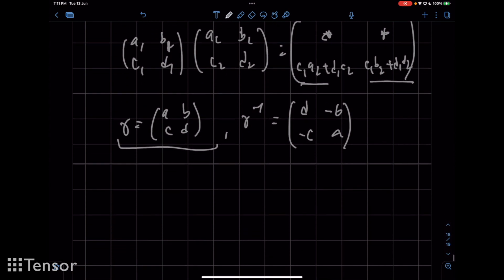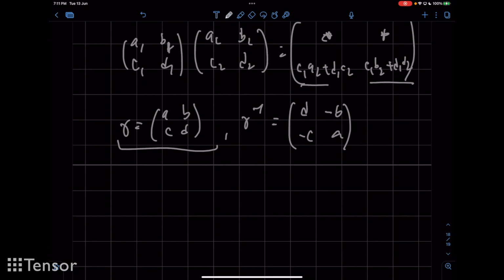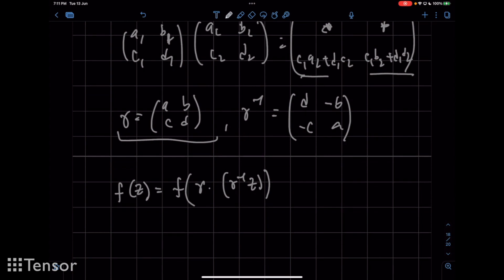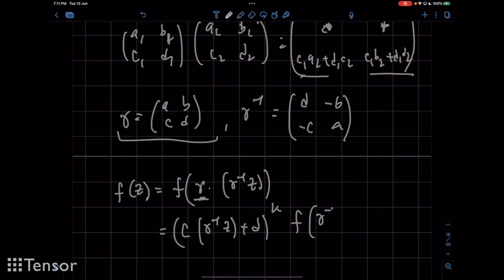And for that purpose, we shall consider this. So F of Z is equal to F of gamma inverse Z. Right. And since F satisfies the modularity condition for gamma, then we know that this is equal to C gamma inverse Z plus D to the power K times F of gamma inverse Z. Is that right?